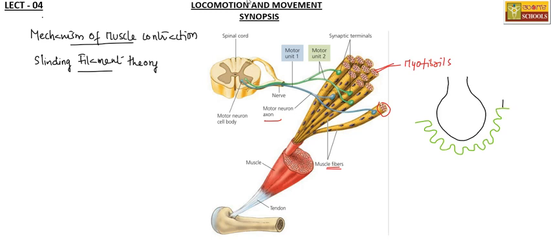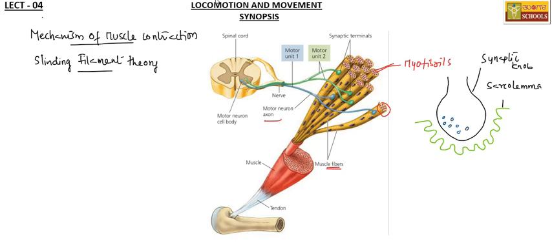So this is the sarcolemma of the muscle fiber, and this is the synaptic knob from the motor neuron. Inside this we find a lot of vesicles.